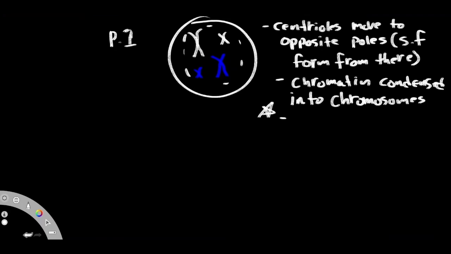A very important thing for you to note here, I'm going to be putting a star here, is that there is some crossing over that occurs. So while this homologous chromosome pairs up with that homologous chromosome, genetic information is exchanged, forming something called a recombinant chromosome.